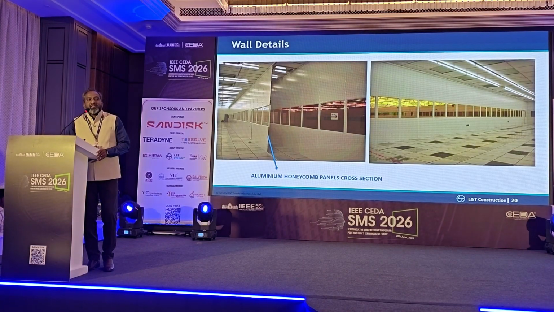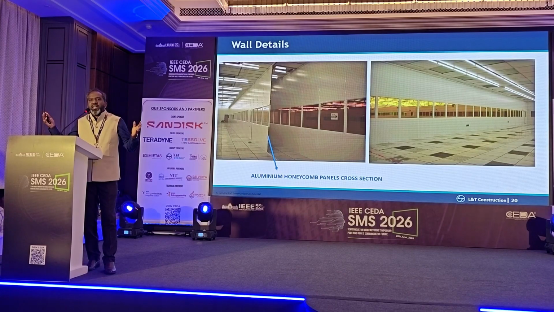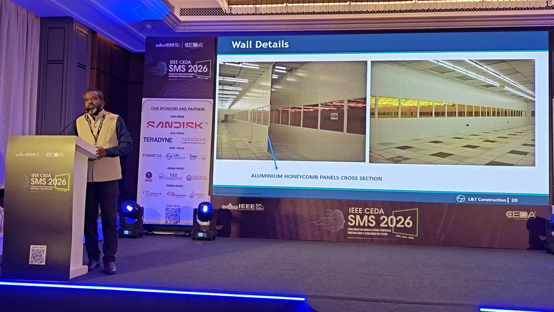And all the panels, this is actually a room inside a building, right? This is an exclusive room inside the building, so that is all built up with aluminum honeycomb panels. It's like a honeycomb for rigidity. It's aluminum honeycomb panels, which typically makes the walls and ceilings.